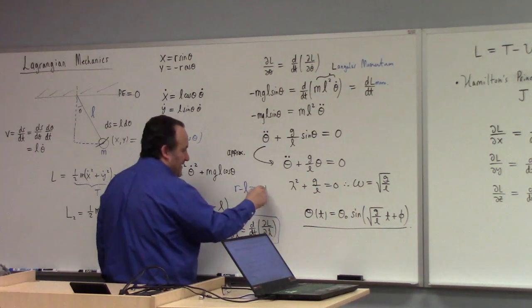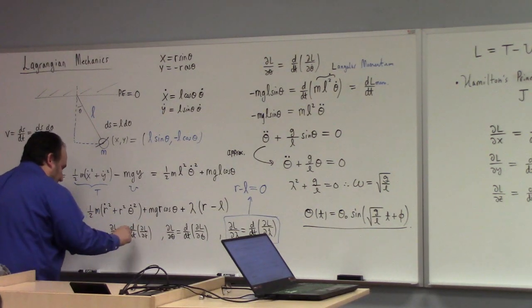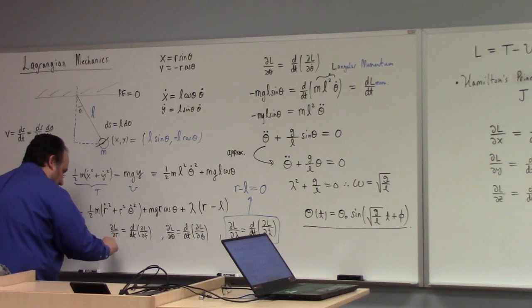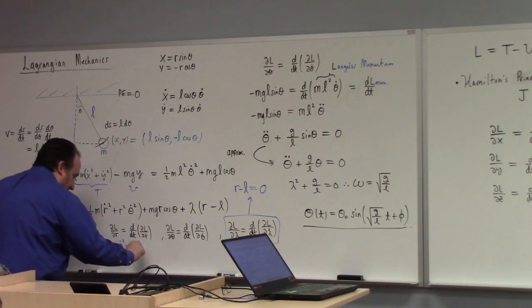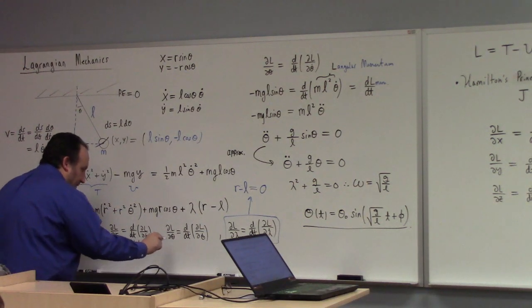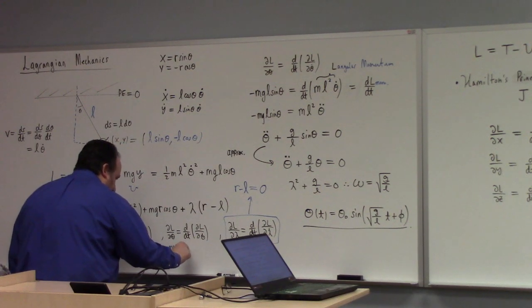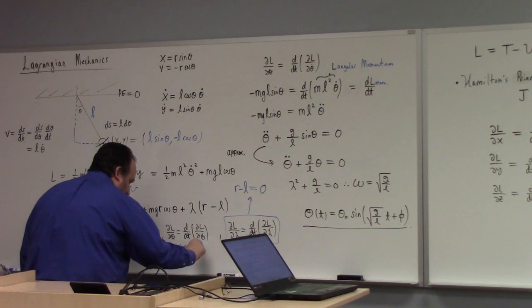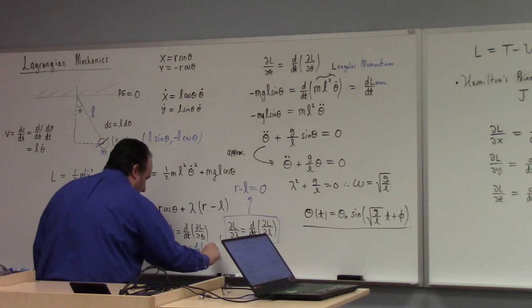And if you take that, this is going to give you m r theta dot squared equals d/dt of m r dot, and this gives me minus mgr sine theta equals d/dt of m r squared theta dot.